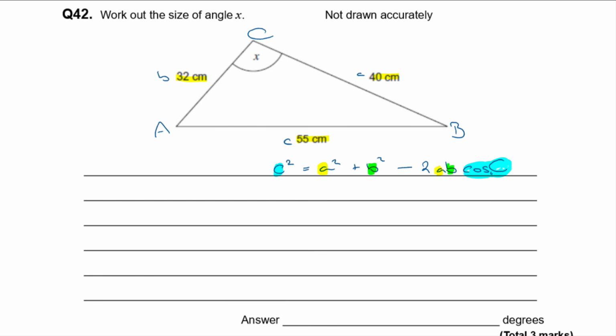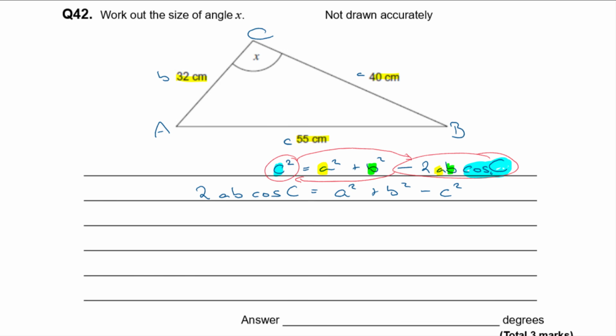So I'm going to have to rearrange this first to make c the subject. Taking that minus 2ab cos c to the other side to make it positive, I get 2ab cos c, and moving the c squared over to the other side, I'm going to get a squared plus b squared minus c squared. So I've just shimmied that over there. Look, changing sides, the minus 2ab cos c became positive and the c squared became negative.